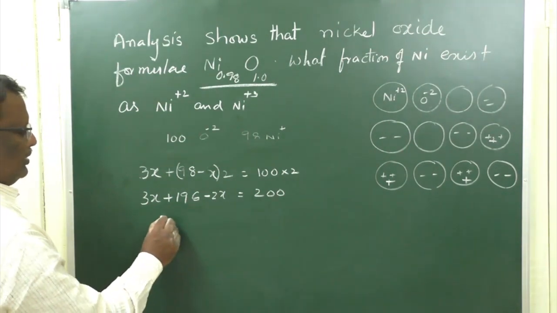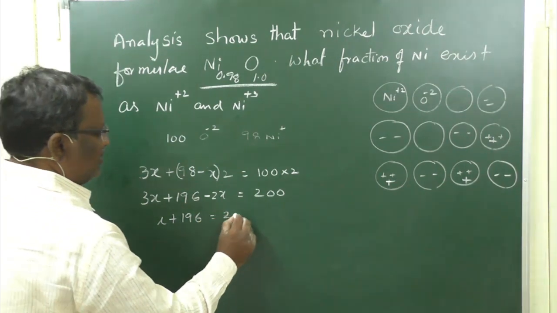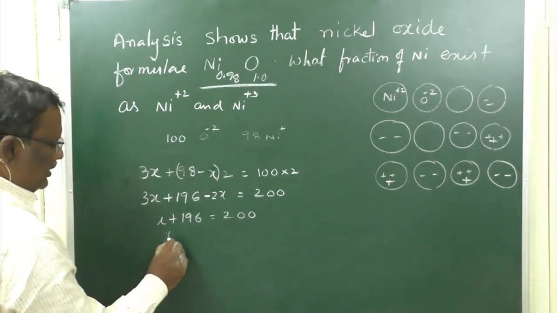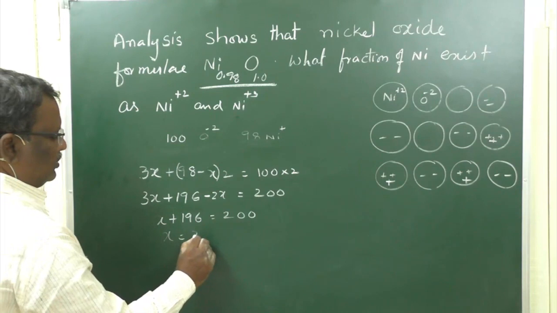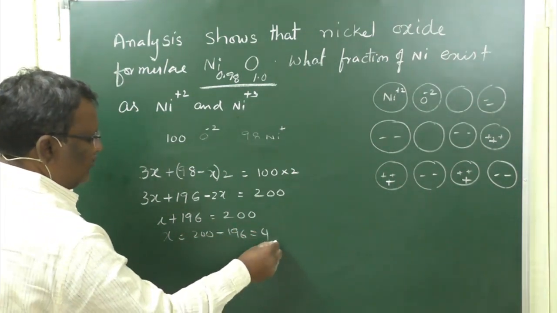That means x plus 196 is equal to 200, x is equal to 200 minus 196, that is equal to 4.